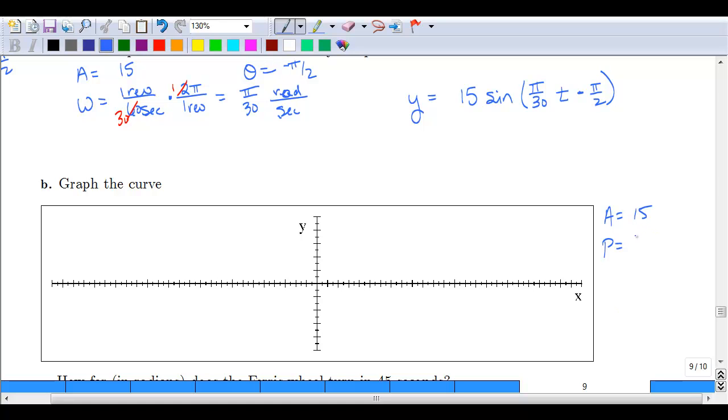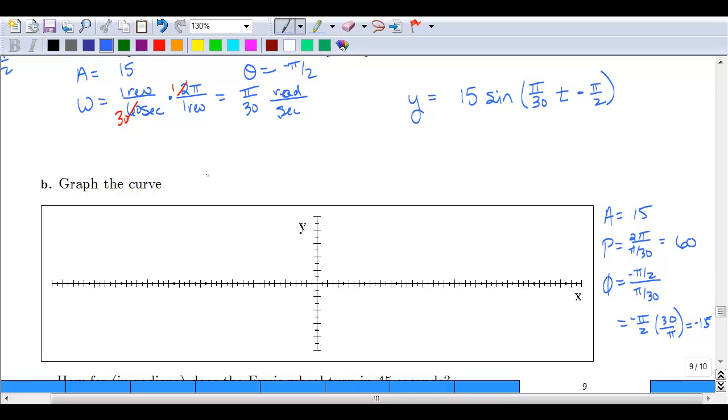We knew that from the original problem, or we can do 2 pi divided by pi/30, which will give us 60. Our phase shift is -pi/2 divided by pi/30, which, if you simplify, you get -pi/2 times 30/pi, which reduces to -15.